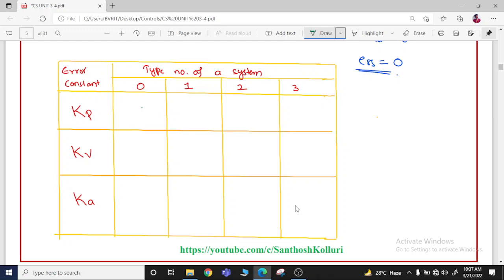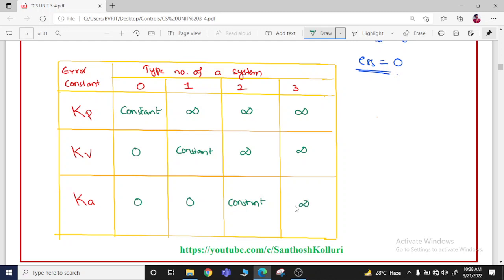For a type 0 system, the position error constant will be a constant, and for type 1 it is infinity, type 2 also infinity, and type 3 infinity. For a type 0 system the velocity error constant will be 0, for type 1 it is a constant, and for type 2 and above it will be infinity. For Ka it is 0, 0, a constant value for type 2 system, and for type 3 and above it will be infinity.